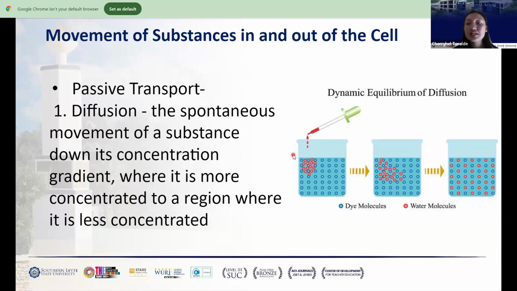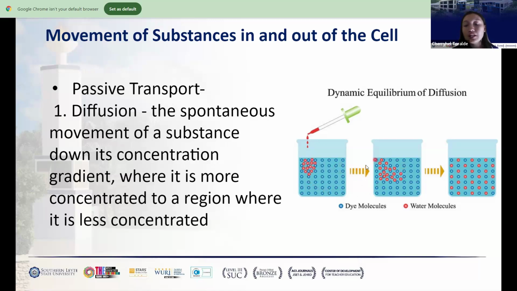What happens is that these red molecules from your red food coloring will disperse all throughout your medium in order to make the distribution of the red molecules uniform all throughout your water medium.